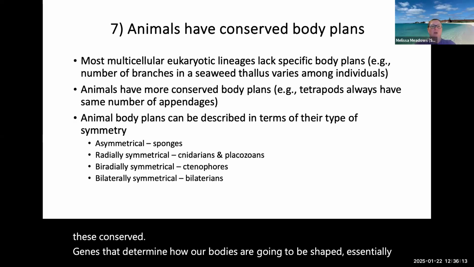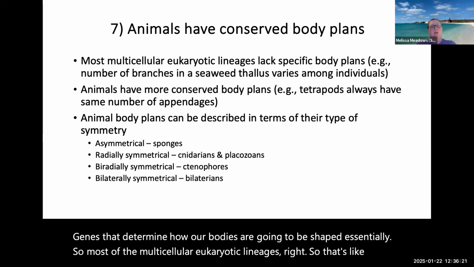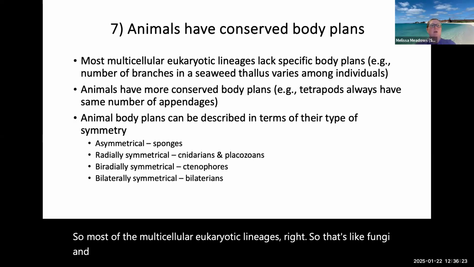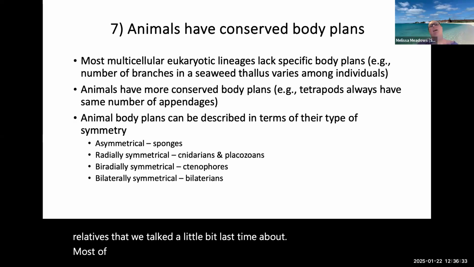So most of the multicellular eukaryotic lineages, like fungi and animalia, or metazoa, and other little minor relatives that we talked about last time, are actually going to lack a specific body plan.